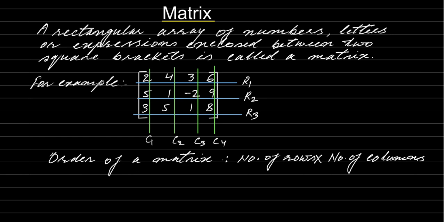So if we talk about the order of the above matrix, its order will be 3 by 4, 3 times 4, and the first number always indicates the number of rows, and the second number always indicates the number of columns.